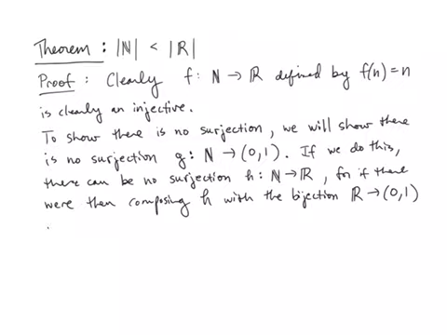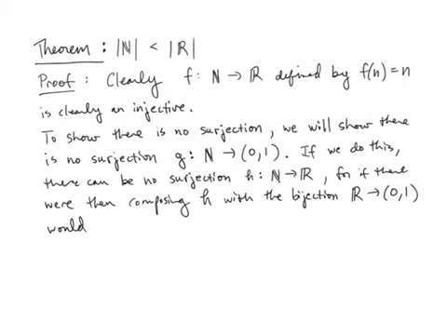A bijection is surjective. If we had a surjective map from the naturals to the reals and then followed up with this bijection from the reals to (0, 1), then we would have a surjection from the naturals to (0, 1). But that's the thing that we're going to prove cannot exist. So there can't be a surjection from the naturals to the reals.